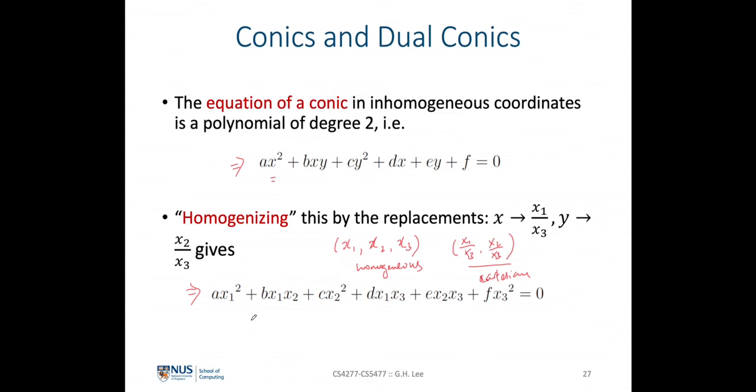So since these are equivalent to x and y, we simply use these two relations over here to convert from Cartesian to homogeneous coordinates. Now in the homogeneous representation of the equation of conics, we can see that it's parameterized by x1, x2, and x3, with the coefficients a to f remaining intact here.